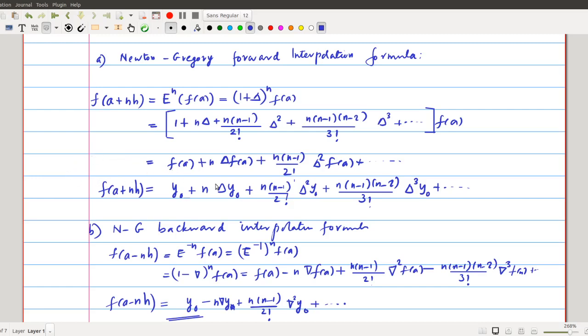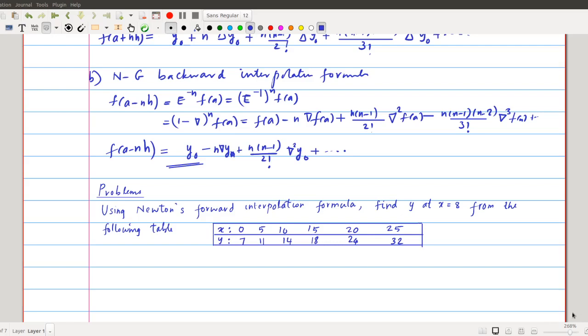So we use the forward interpolation formula. That means if you are given these values 0, 5, 10, 15, 20, 25, these are the values of x, then we need to find out f of x when x equal to 8.